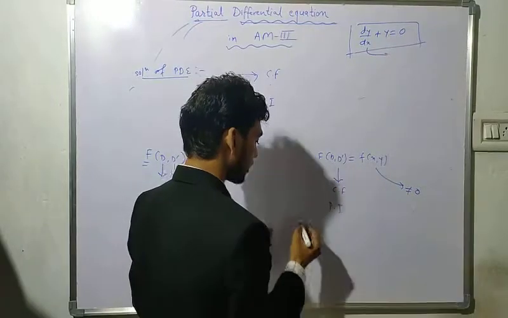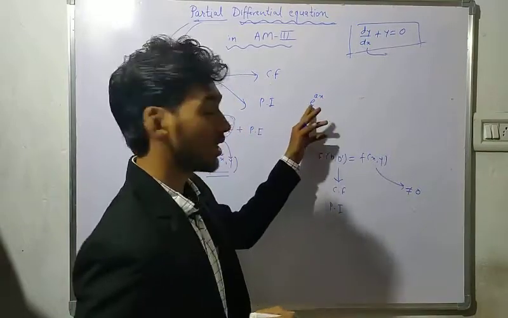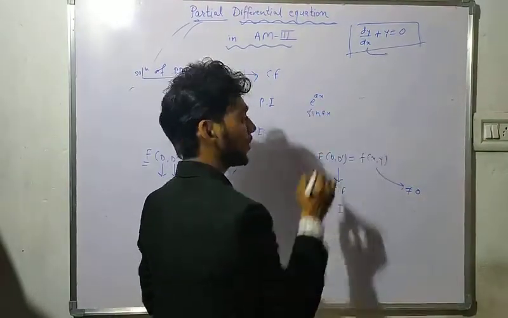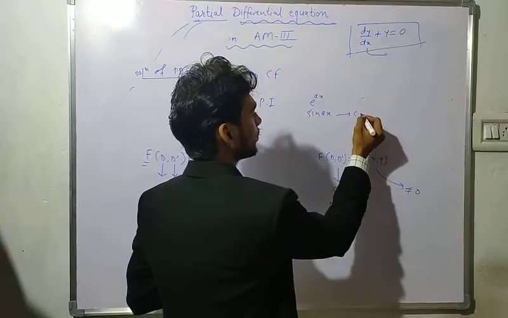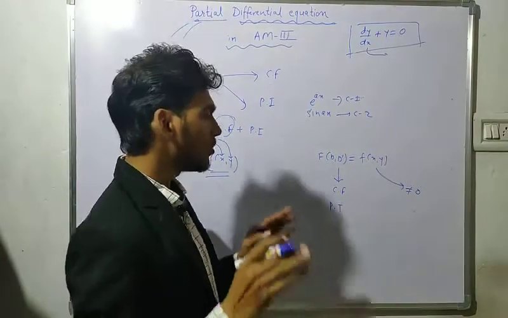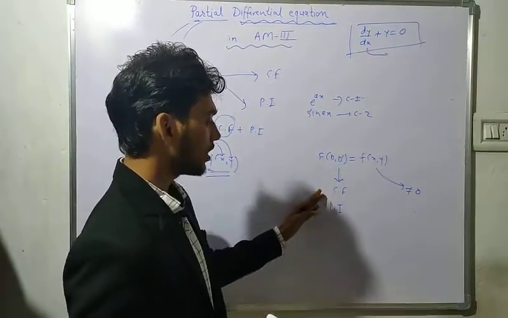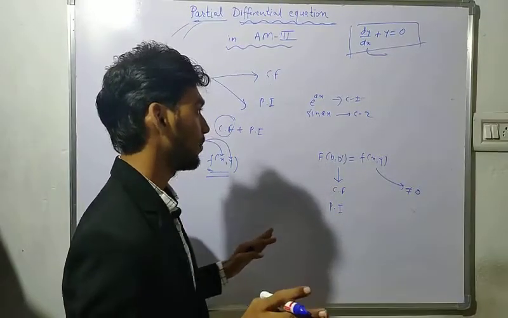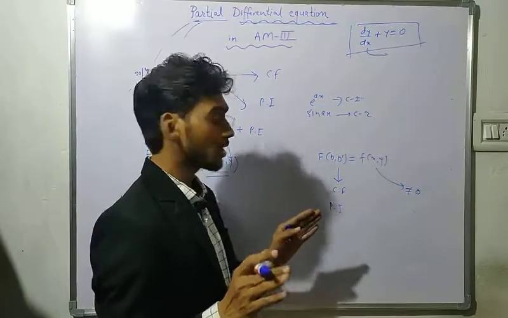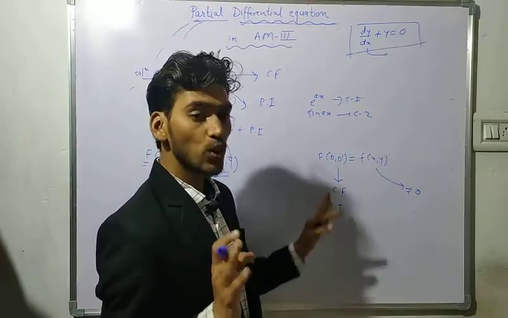For example, if f of xy is e to the power ax, then we have to consider case 1. Sine of ax, then we have to consider case 2, and so on. Similarly, in this chapter, we will discuss the different cases for PI. But the problem is that in first year, we have seen a single variable, and here there are two variables.